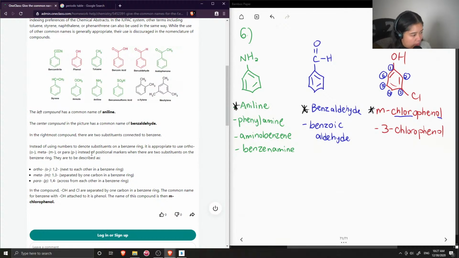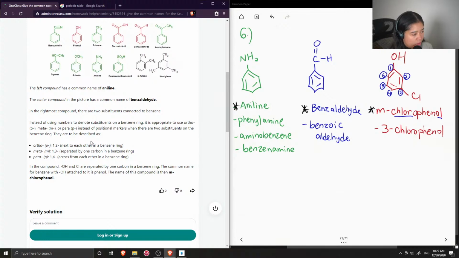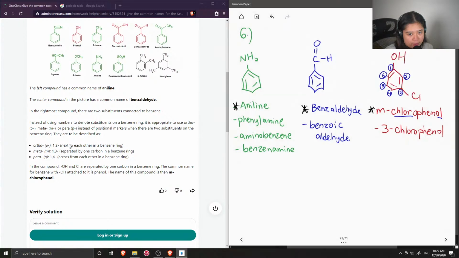Instead of using numbers to denote substituents on a benzene ring, it is appropriate to use ortho, meta, or para instead of positional markers when there are two substituents on the benzene ring. They can be described as ortho, which are next to each other in the benzene ring. Let me show what that would look like down here. So this is ortho-chlorophenol.